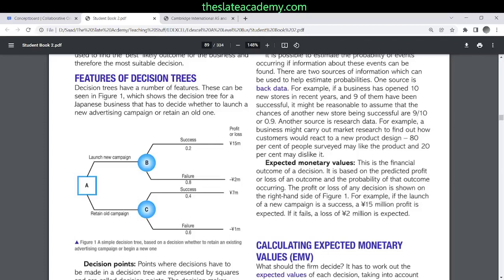And this seems stupid, no, the decision tree? Because how do you quantify probability?